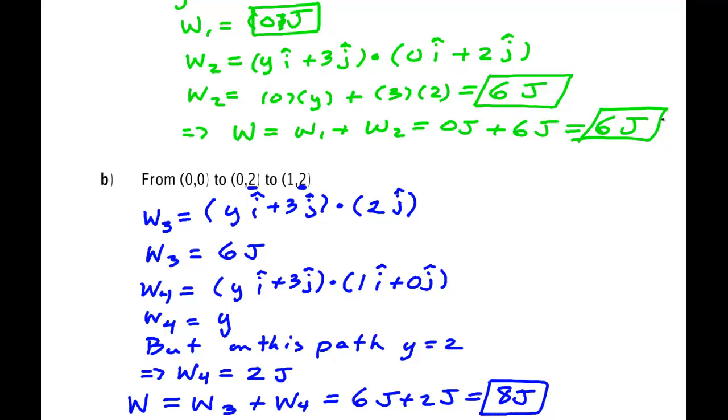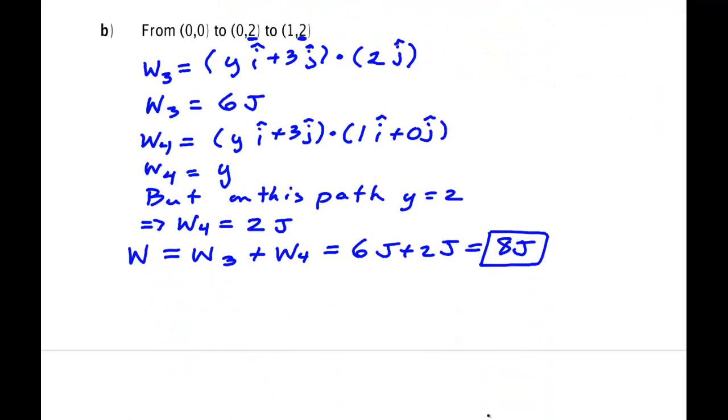If you took the first path we computed, the total work done by the force was 6 joules. If you took the alternative path that you went up first and then over, the work done was 8 joules. That's more than 6, which means that the particle taking the blue path will come in with a higher speed than if they took the first path. Put that in there.